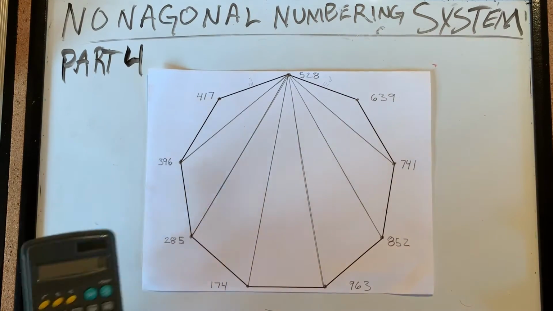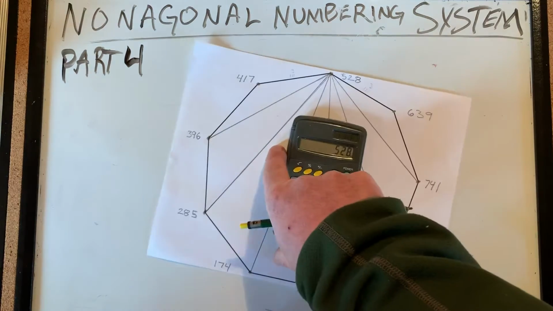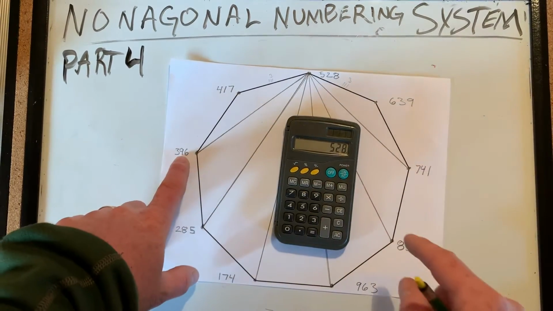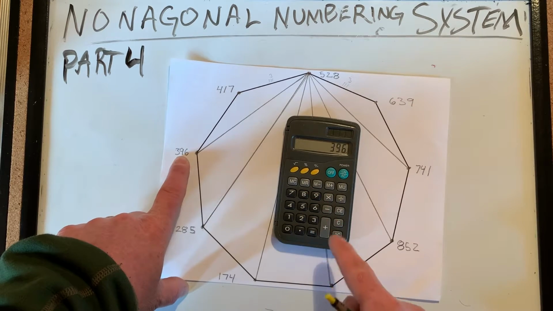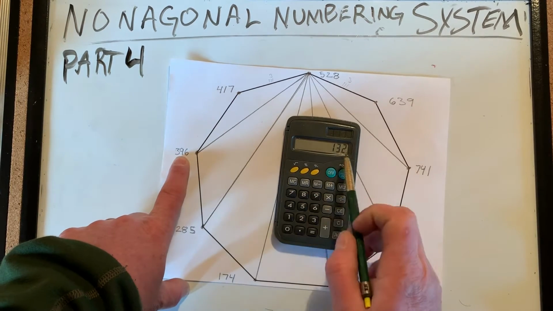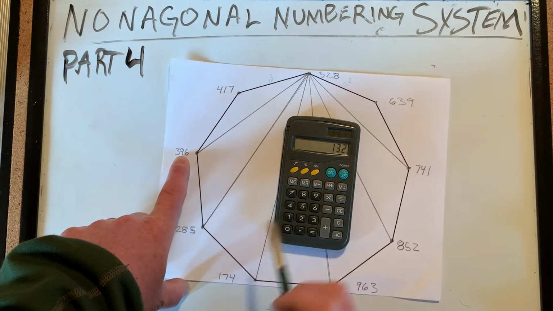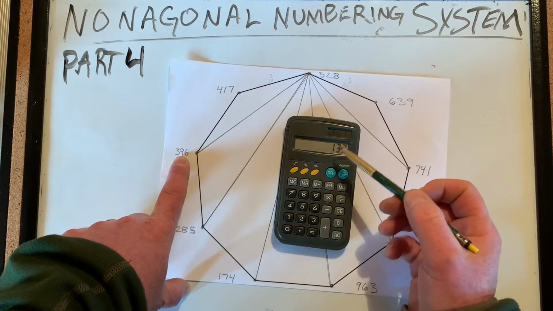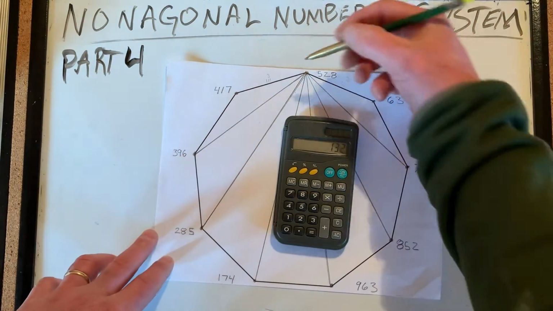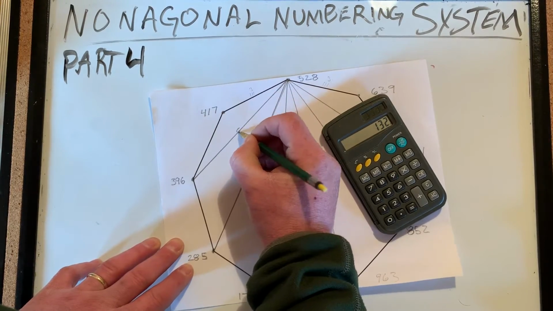If we take the 528 number group and subtract 3, 9, or 6, 3, 9, or 6 equals 1, 3, 2. So that's 3 plus 2 is 5, plus 1 is 6. 3, 4, 5, 6, right? So we know that this line is a 3. We know that this line is a 6.